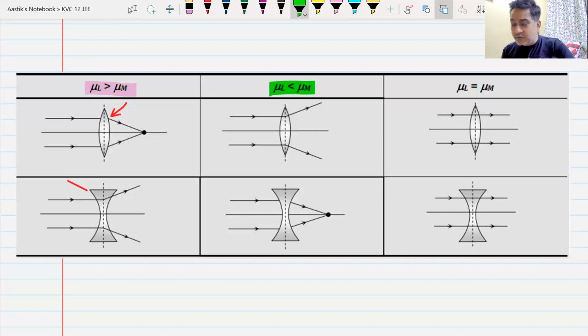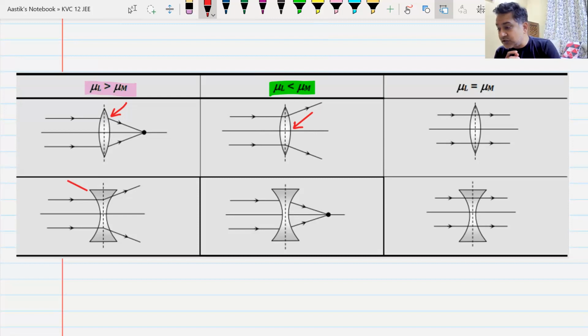Concave becomes convex, and convex becomes concave. Here, in air it is a convex lens, but in the medium it now behaves as a concave, because I have kept it in a medium whose refractive index is more than the lens.